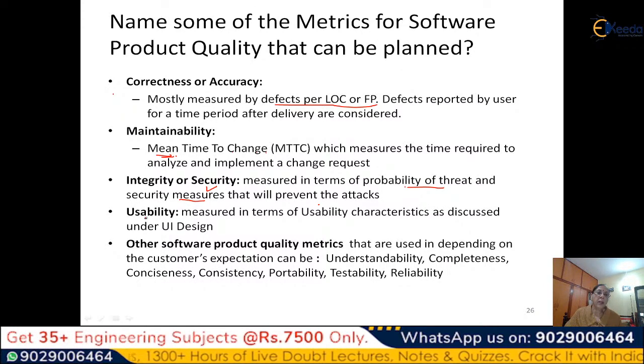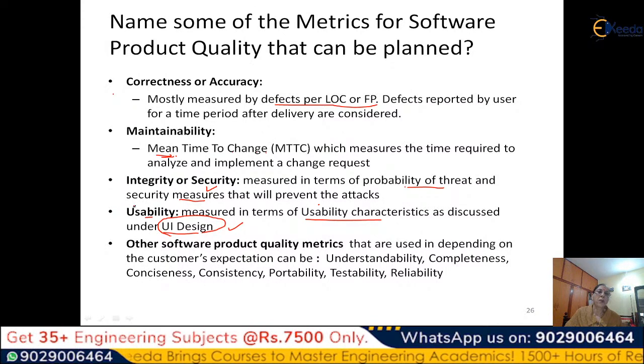Then you have usability. This is normally connected with the user interface design, how good the user interface design is in terms of usability characteristics. Usability characteristics we have discussed under UI design, so now we have to measure those characteristics. Again, they are indirect measures.